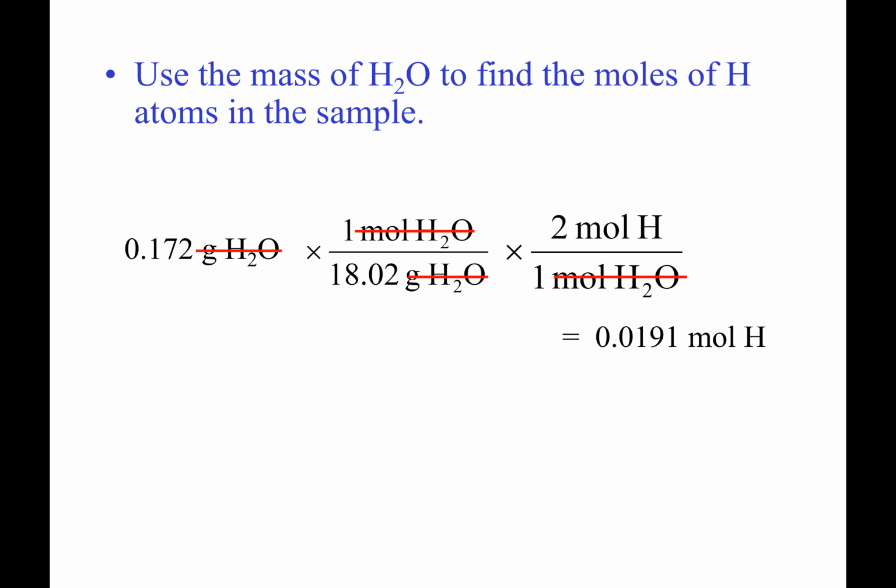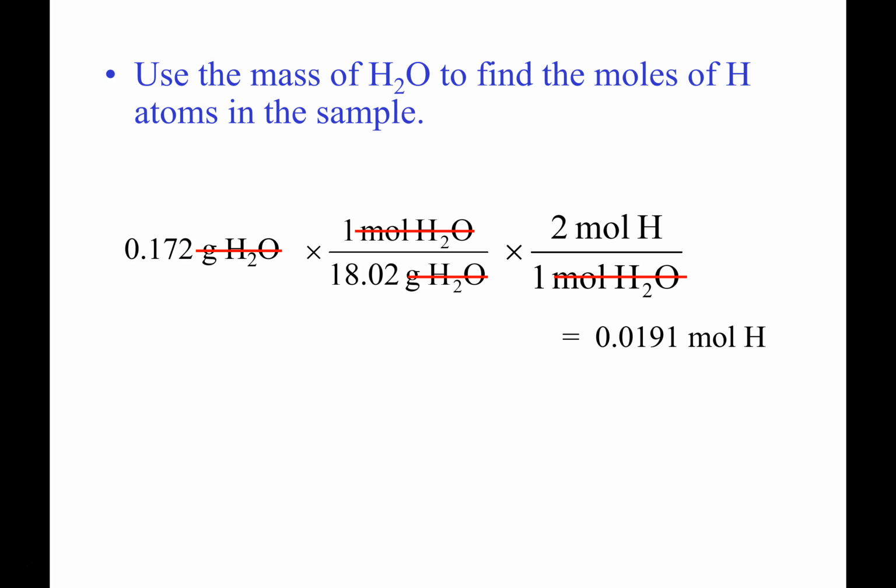Okay, so that means the moles of hydrogen in the mass I took to combust is 0.0191 moles of hydrogen. I figure if I label the column, then I don't have to put the word moles there.